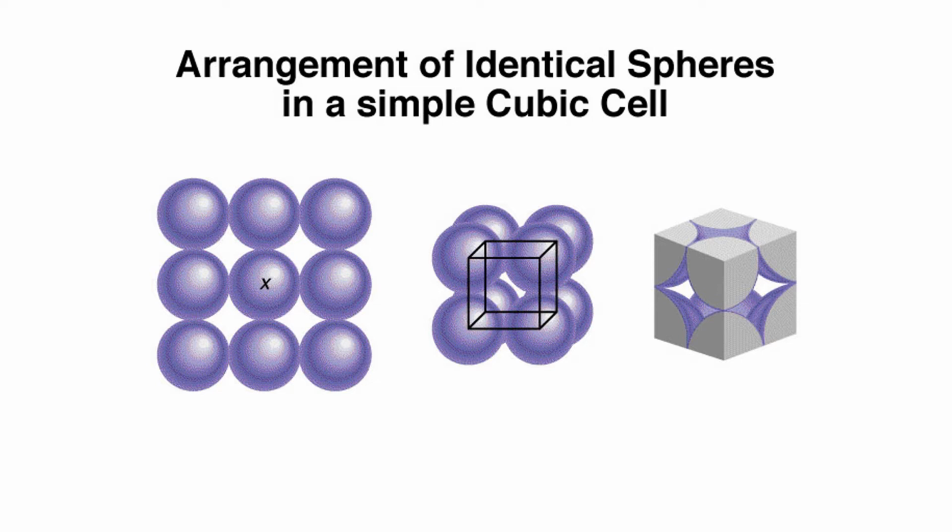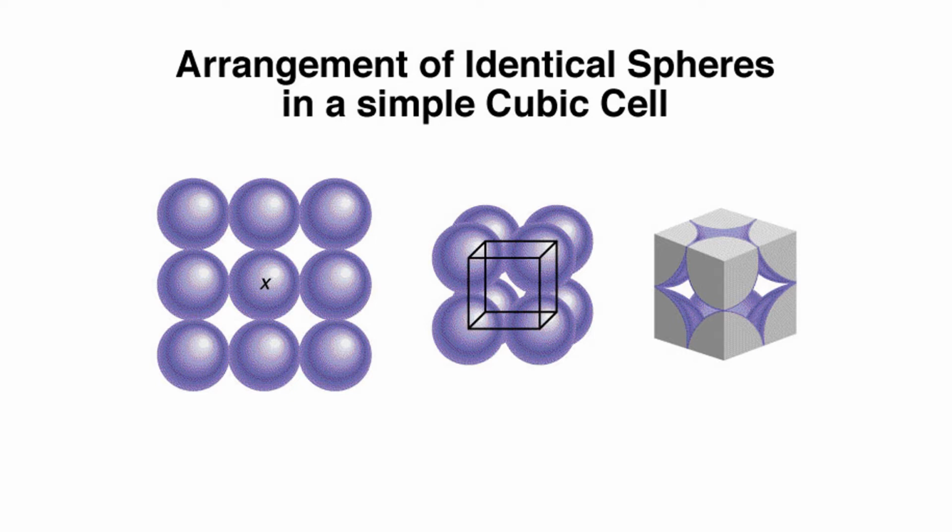This is the least efficient organization or structure of the 3 cubic cells we're going to look at. It's about 52% efficient. That means that 48% of this unit cell is empty space. Okay.